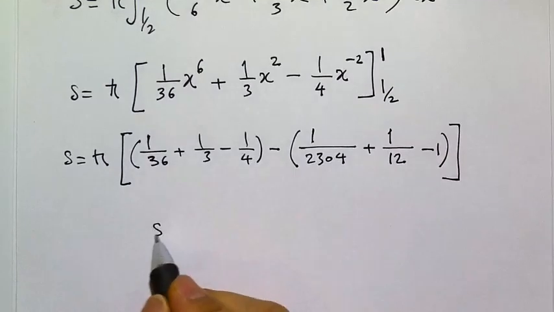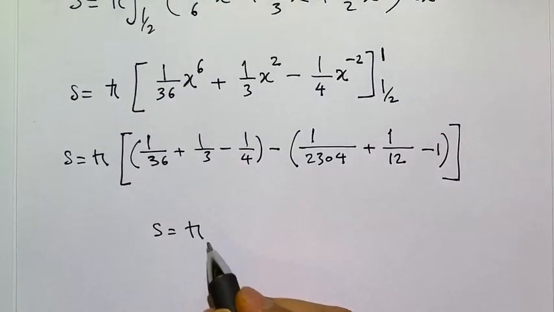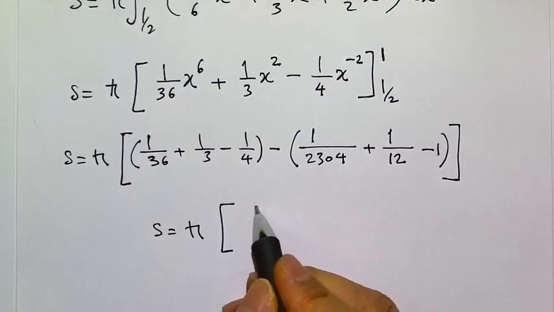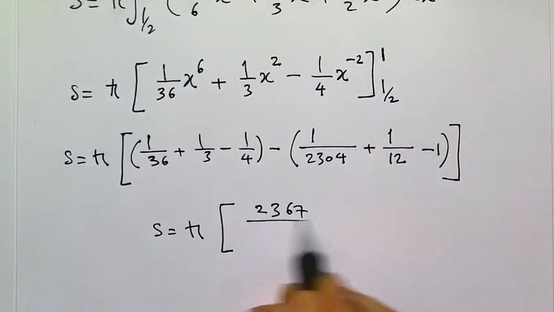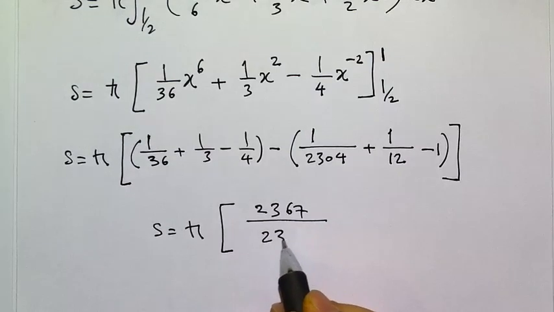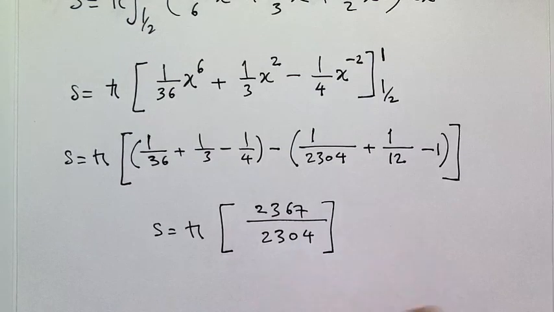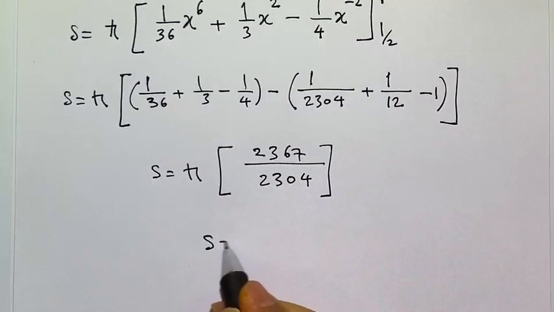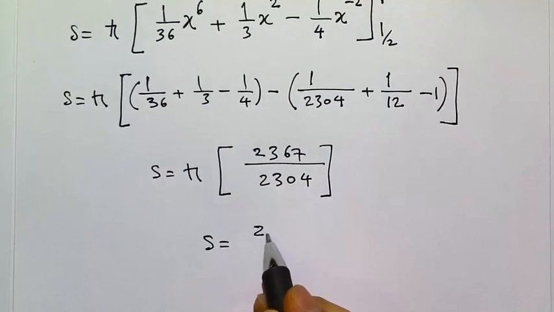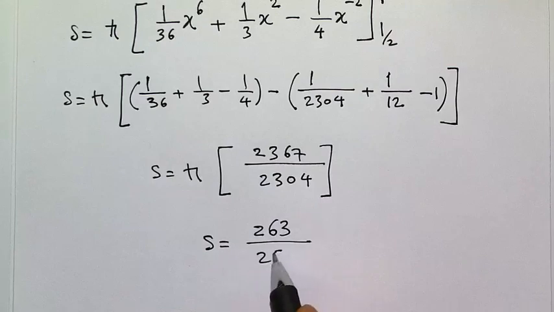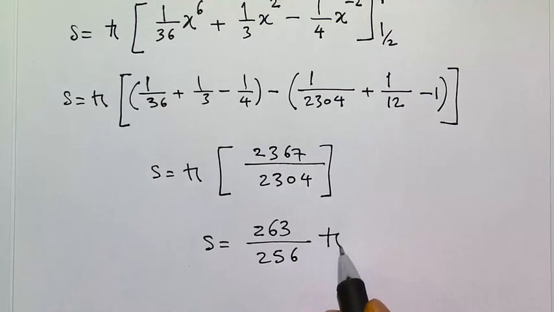Okay, so after all of that, this is what I got. 2,367 divided by 2,304, and then the final surface area is, after simplifying, 263/256 pi.